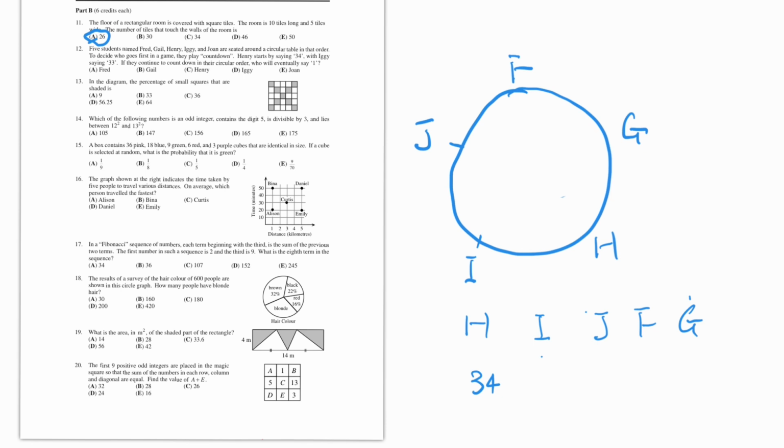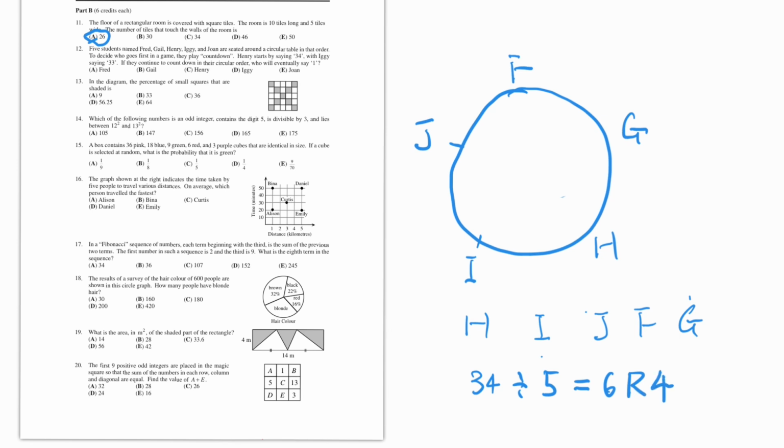Because after they go through the 5, they repeat, starting from H. So we use 34 divided by 5, which is 6, remainder 4.